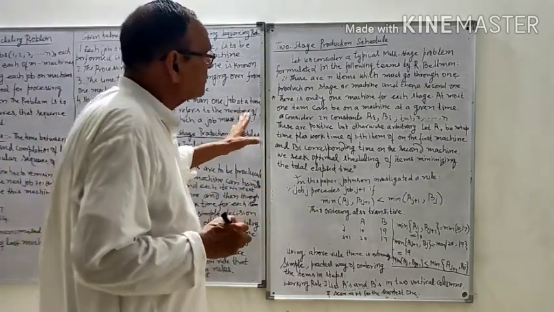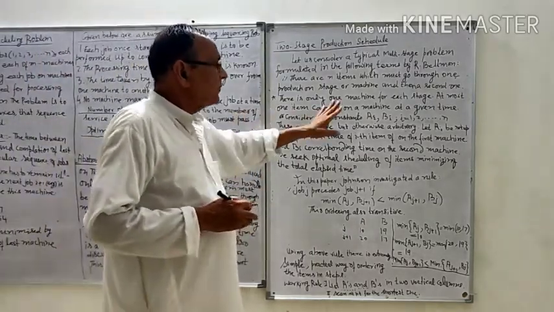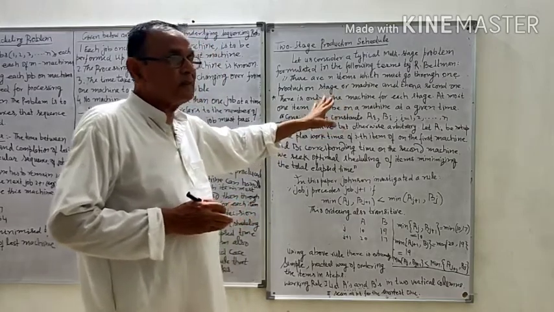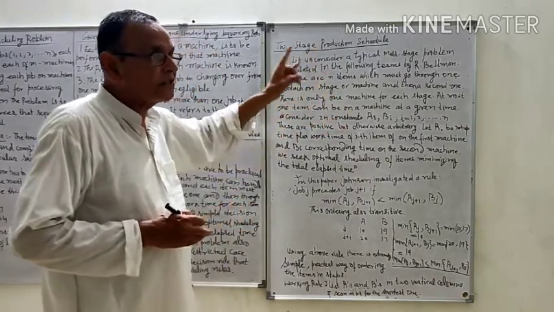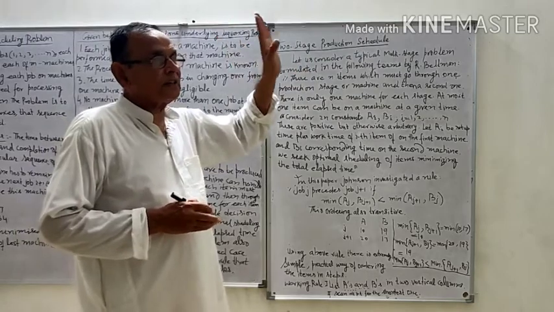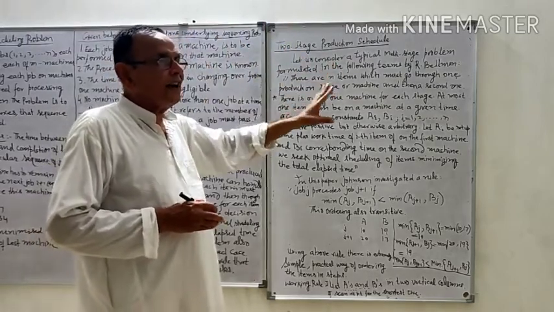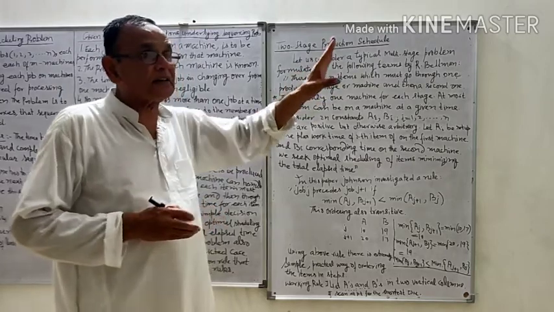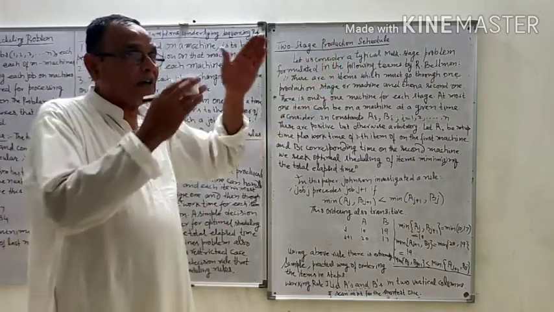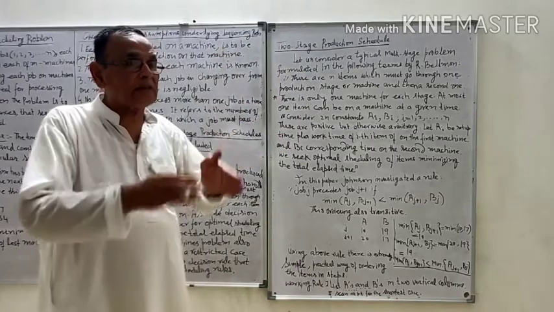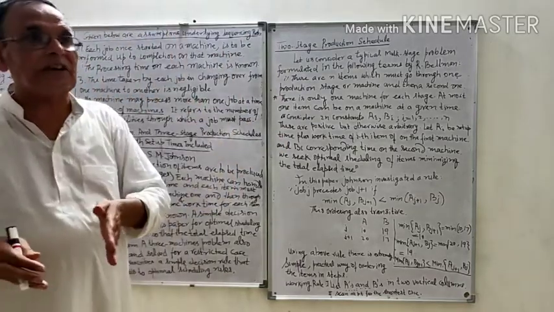Anyhow, Johnson has taken the first type machine only one, second type machine only one. Most of the researchers, or all the researchers in this world, have discussed an M machine problem taking A type machine 1, B type machine 1, C type machine 1, and so on.